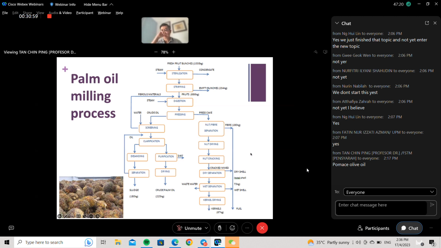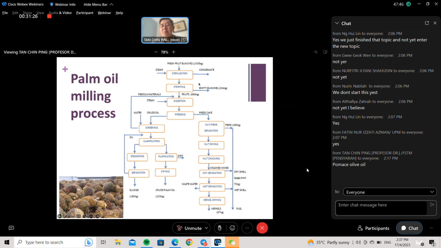If not, I'll go through the milling process. I will go through the detailed processes, but first I will introduce the overall process flow in this particular slide on the process flow of palm oil milling.